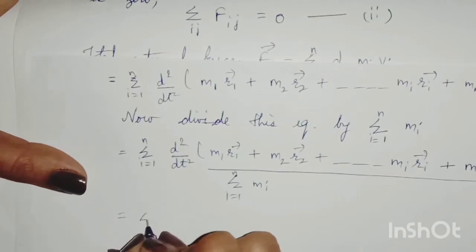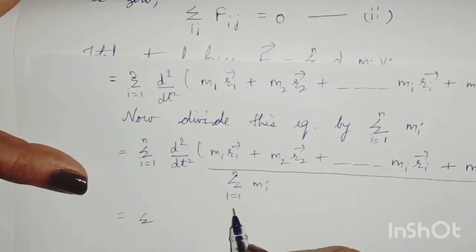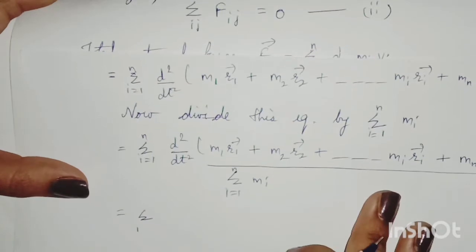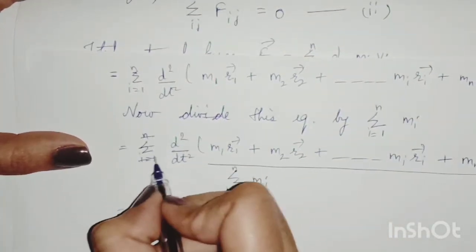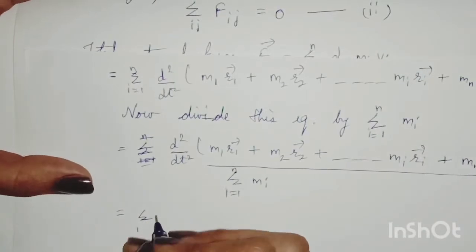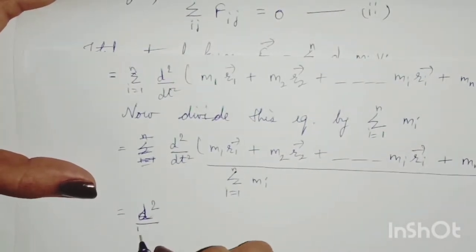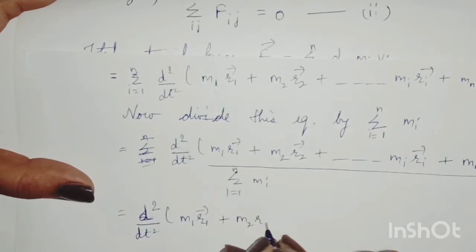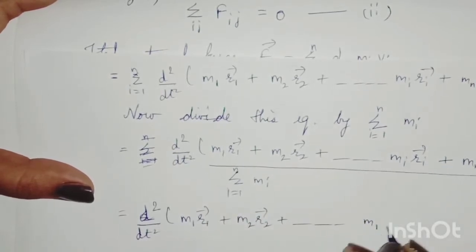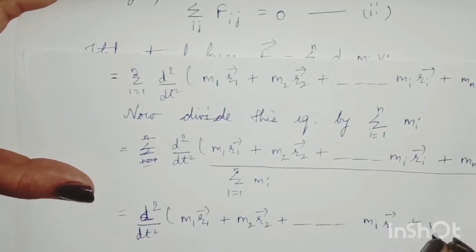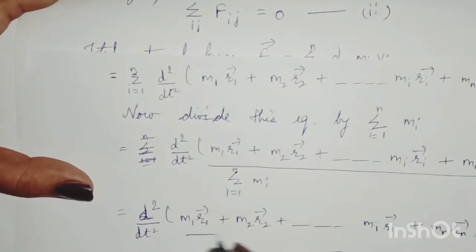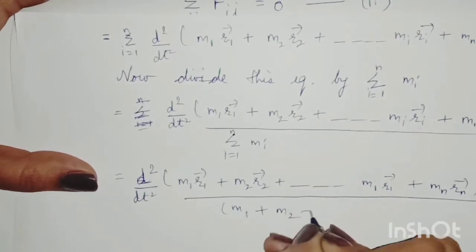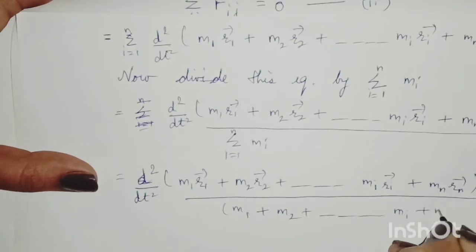Now i equals 1 to n, so we put the values of i, and here we don't have to write the summation, so we get d square upon dt square of m1 r1 vector plus m2 r2 vector plus mi ri vector plus mn rn vector, divided by m1 plus m2 plus mi plus mn.